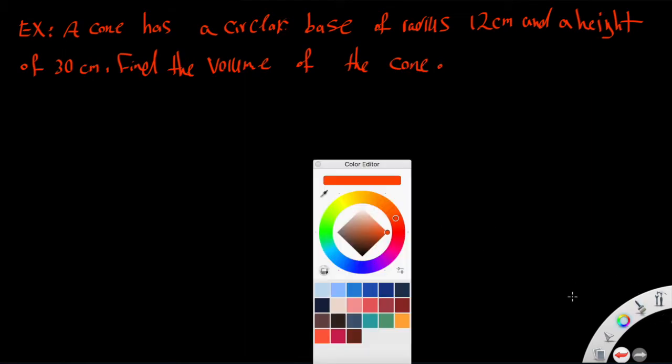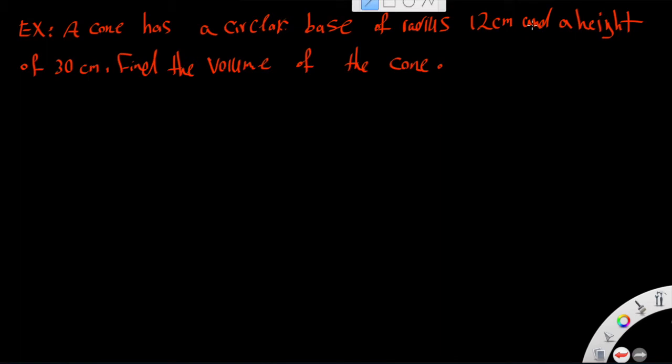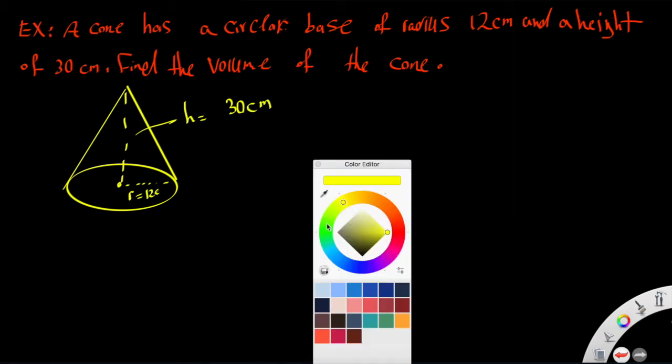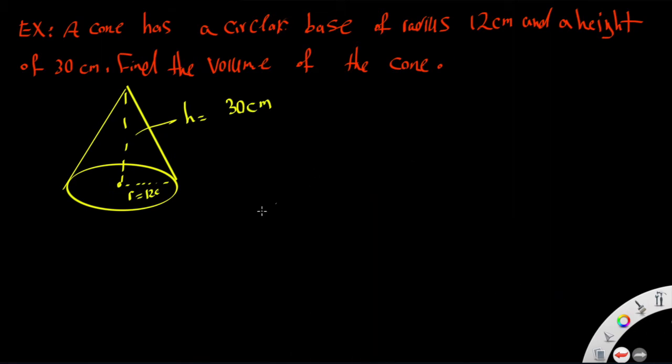Now, let me construct a cone here. The base radius, as given in the question, is 12 cm and the height is 30 cm. Now you are supposed to find the volume.